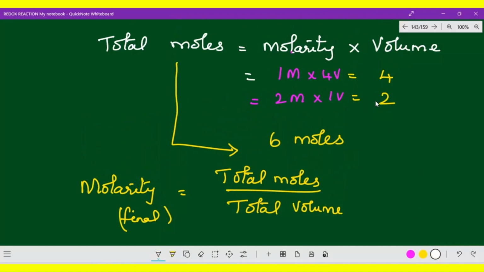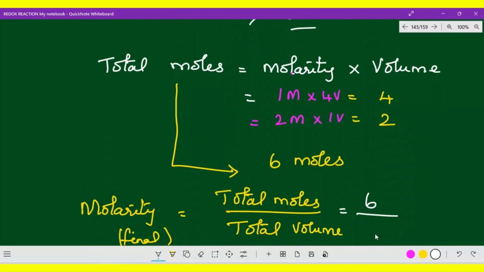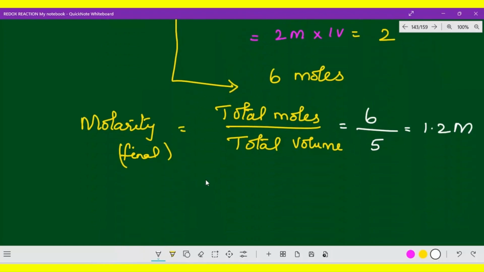Here we brought it, total moles equal to 6 moles. Total volume, it is 5. So what is the answer you will get? 1.2 M. That's all. So molarity for this question equal to 1.2 M. I hope you got the clarity.